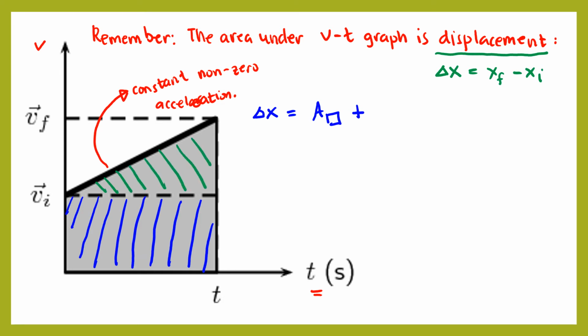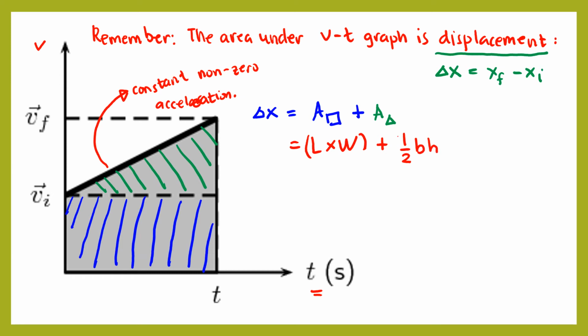We will be able to have the displacement by adding the area of the rectangle and the area of the triangle. Now recall that the area of the rectangle is just equal to its length multiplied by its width, while the area of a triangle is 1/2 multiplied by its base and height.